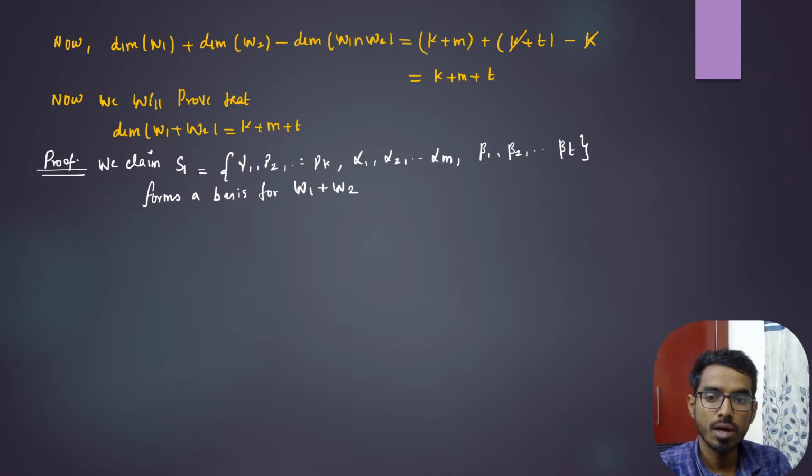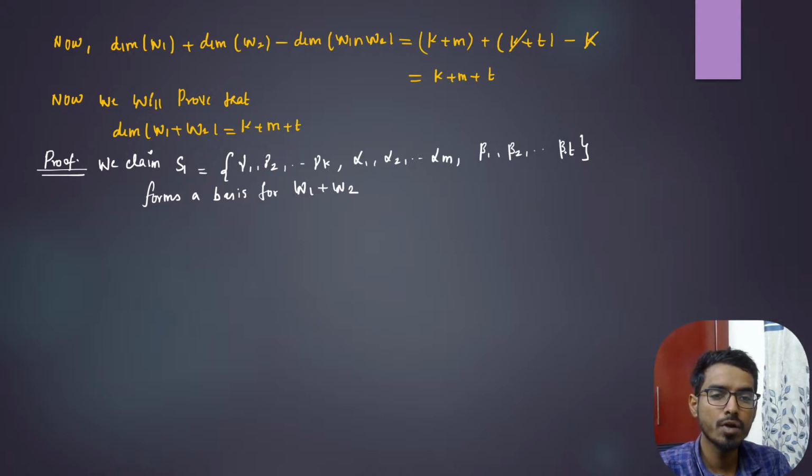Yes or no? I need to show two things. First, this set S1 is a basis for W1 plus W2. Gamma 1, gamma 2 up to gamma k is the basis for W1 intersection W2. Alpha 1, alpha 2 up to alpha m are the extension vectors of W1, so that it will be a basis for W1.